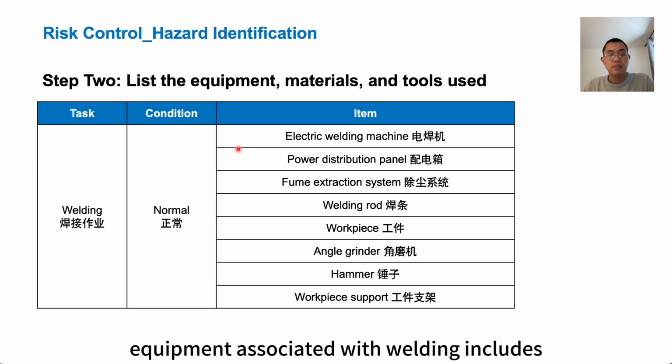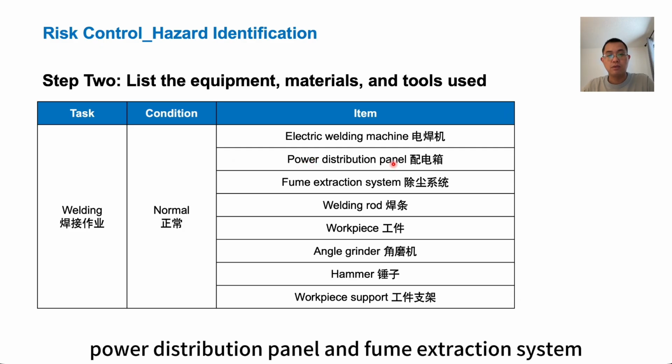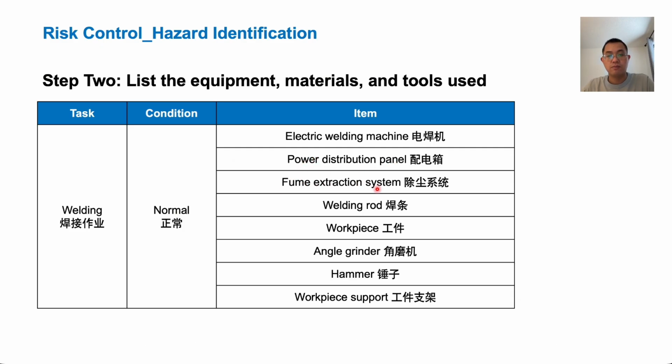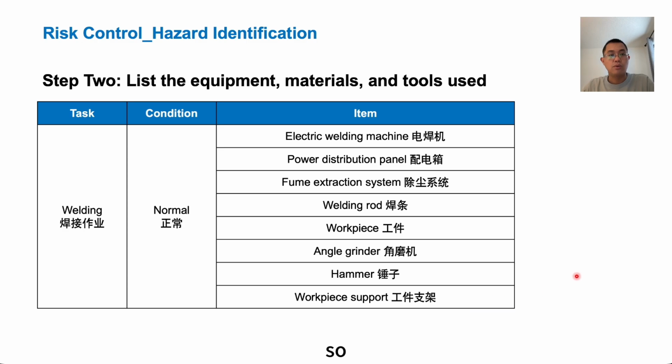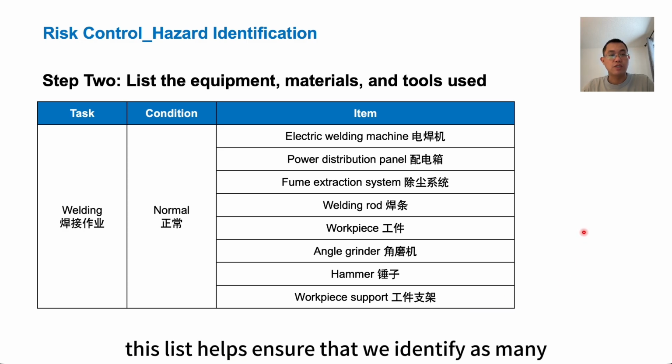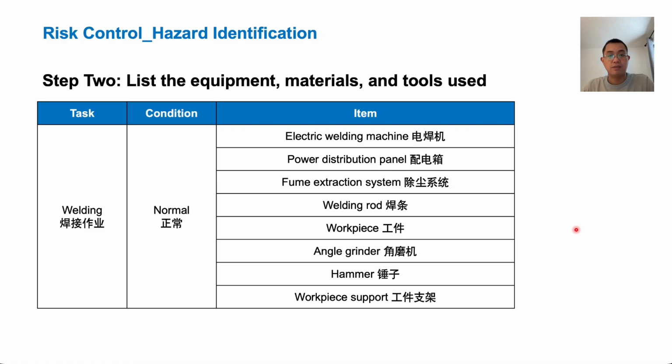So equipment associated with welding includes things like electrical welding machine, power distribution panel, and fume extraction system. And materials include welding rods, and workpieces that are being welded. And tools may include angle grinder, hammer, and workpiece support. So this list helps ensure that we identify as many hazards as possible without missing anything.